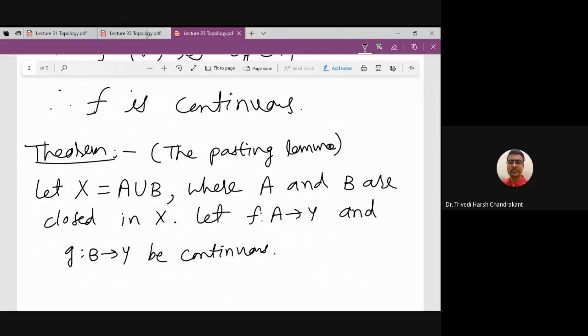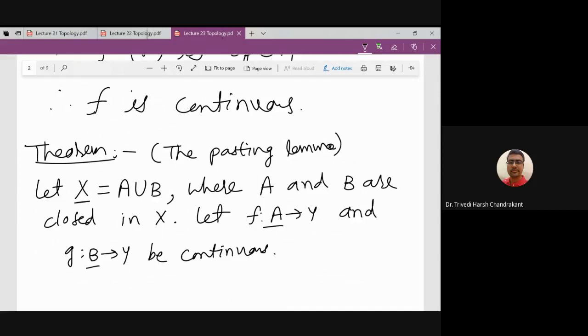So I have these two functions, F from A to Y and G from B to Y. These two are continuous functions and the union of A and B is X.